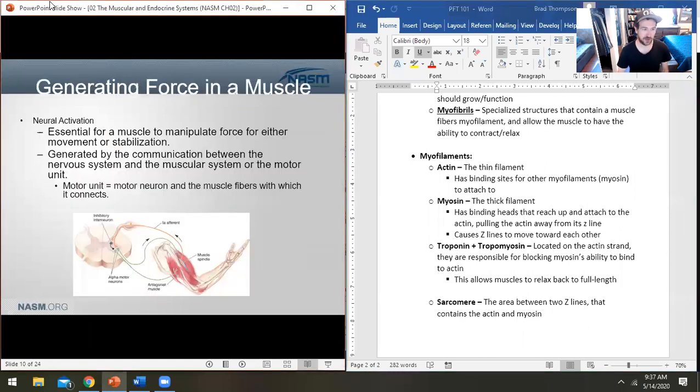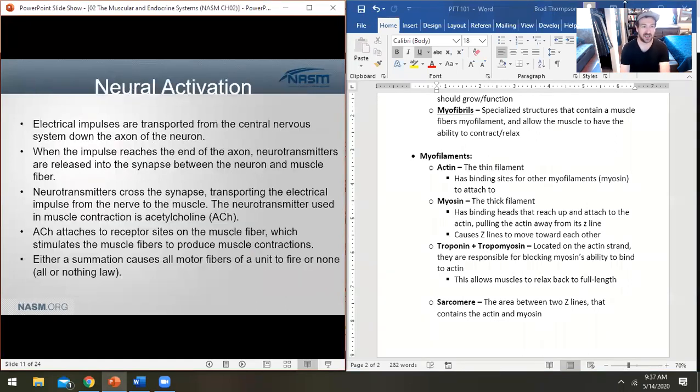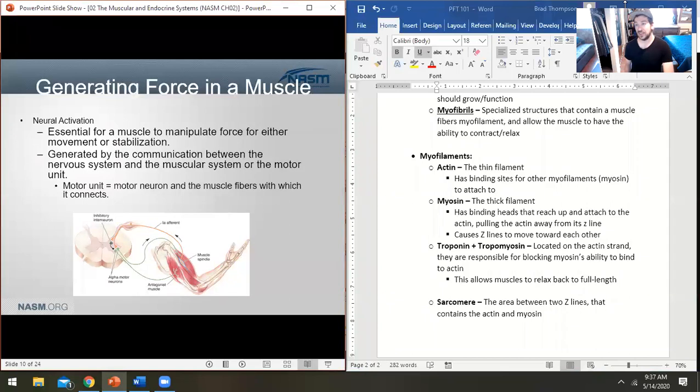That's our contractile proteins. Okay, so now let's really quickly look at neural activation. If we're talking about neural activation, this is how we use the term neuromuscular a lot, right? That means that our nervous system is working with our muscular system. It's the neuromuscular system.